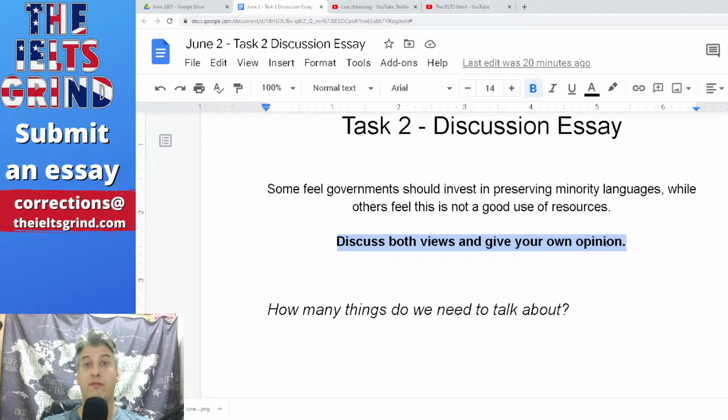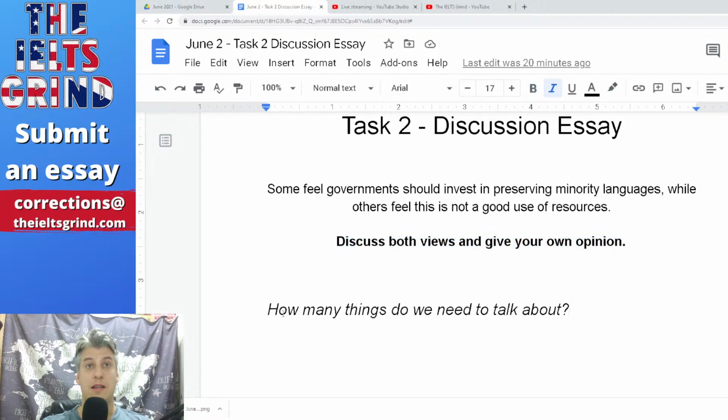Remember, there are 4 parts of the essay that you're graded on: task response, how well did you answer the question; coherence and cohesion, how well did you put your ideas together and how easy is it to understand you; and lexical resource, which is vocabulary; and then of course grammar.